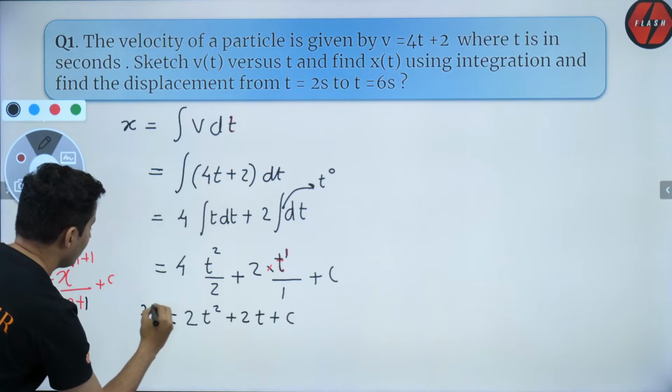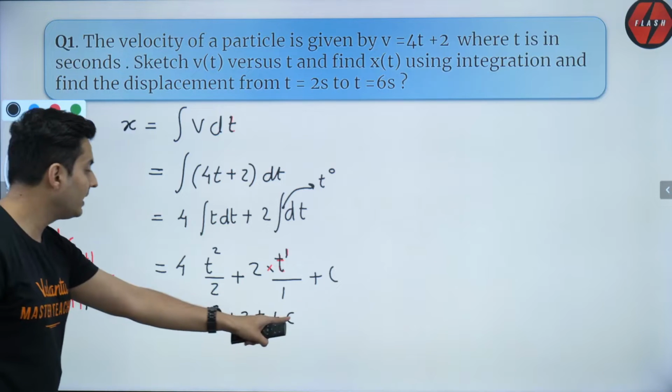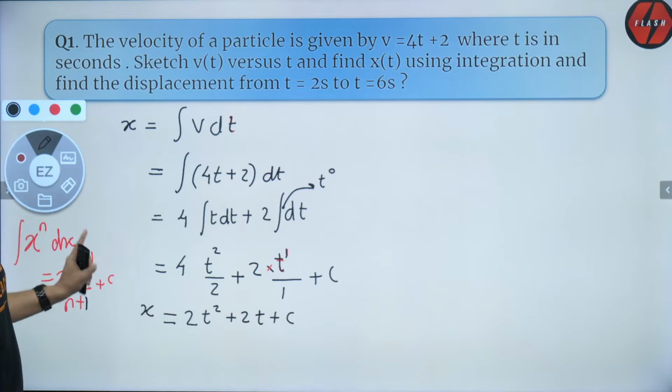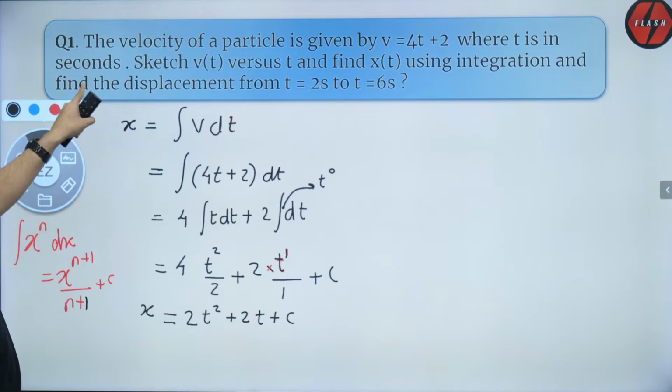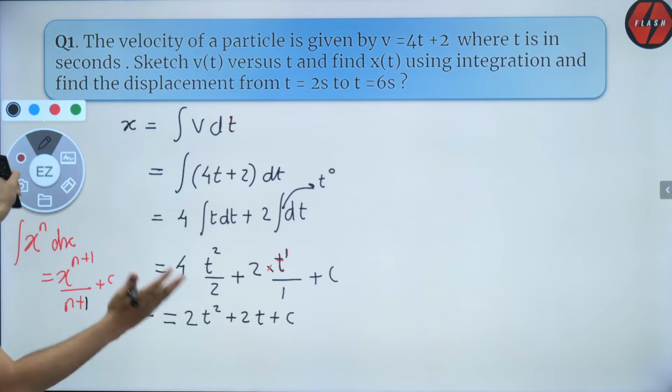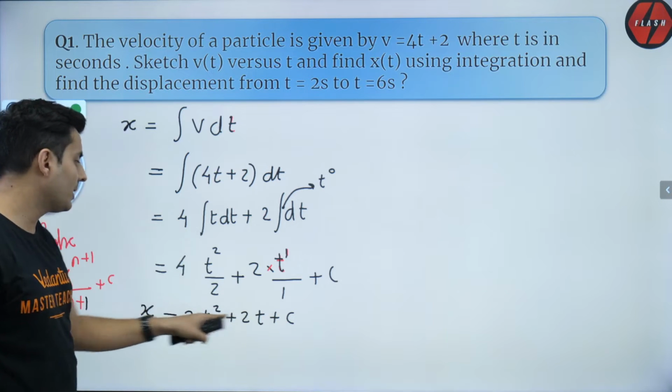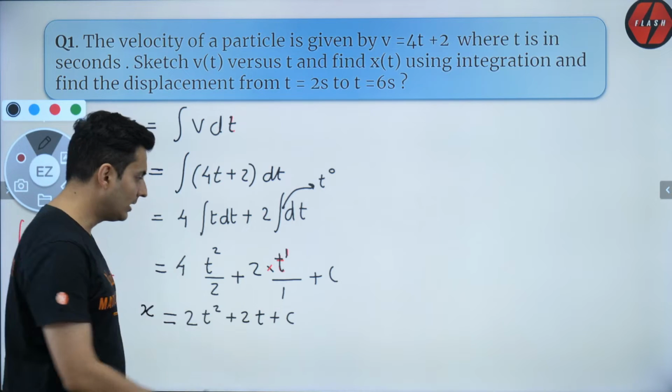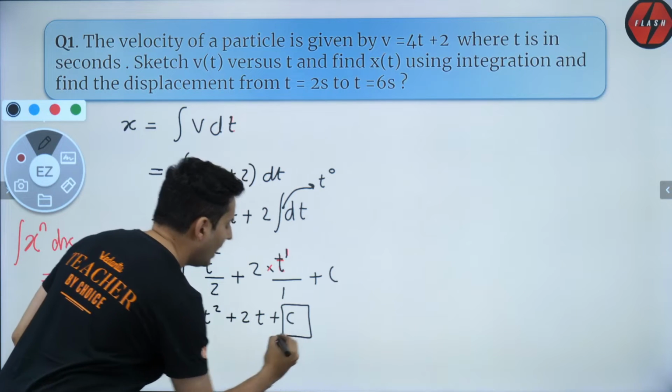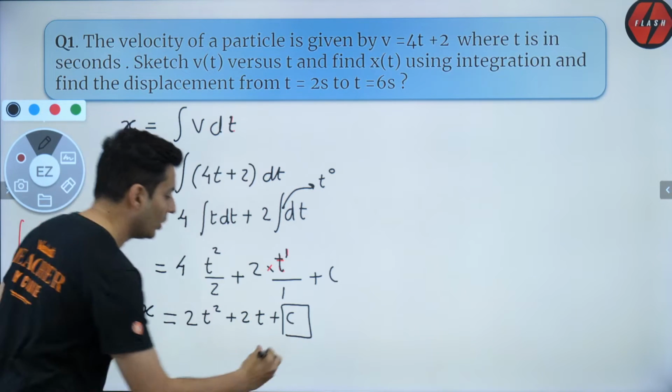That is the answer for x. But it's not complete yet because c is unknown. So can I do something about it? The velocity of a particle is given where t is in seconds. Sketch the graph using integration. Well, I don't think by the given information I can just find c. I hope you understand that. This c will have to remain as it is. I do not know that.